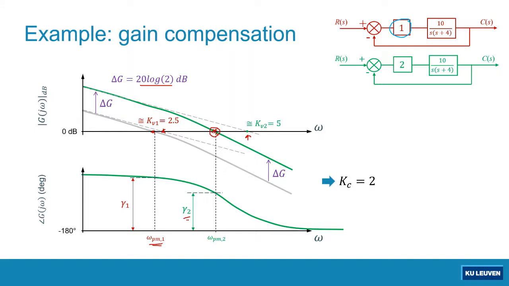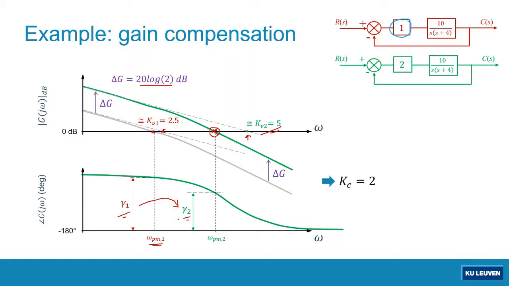On the one hand, from the perspective of steady state performance, we love it because the static velocity error constant increases by 2, from 2.5 to 5, meaning that the steady state error will reduce. But from the perspective of phase margin, we also reduce the phase margin from gamma 1 to gamma 2.